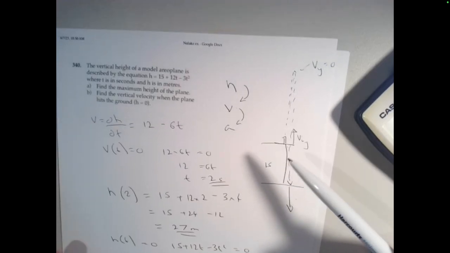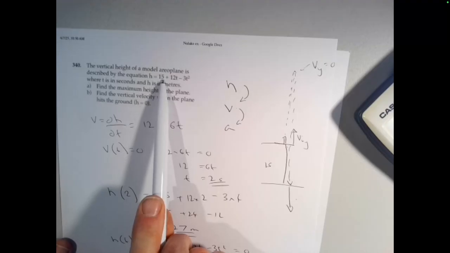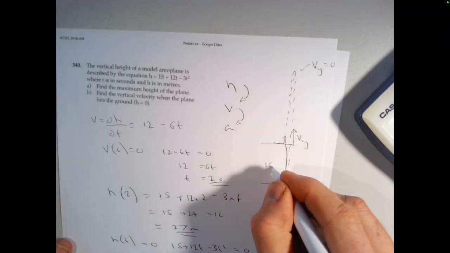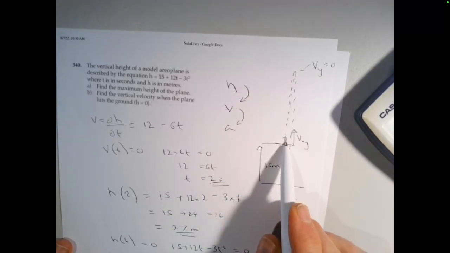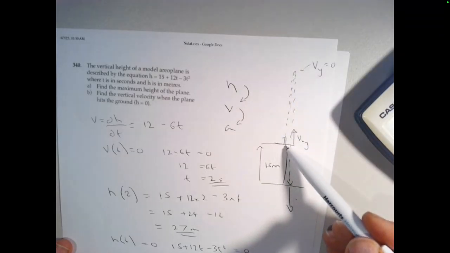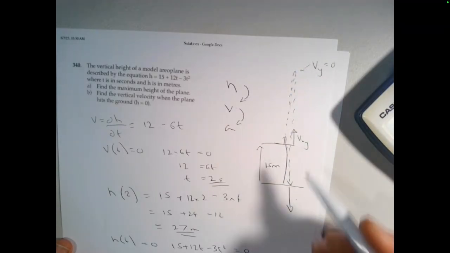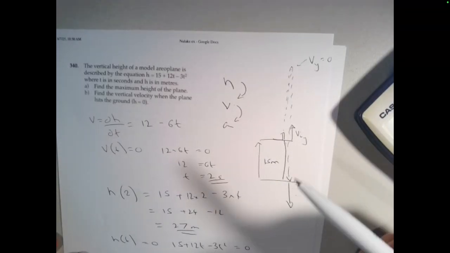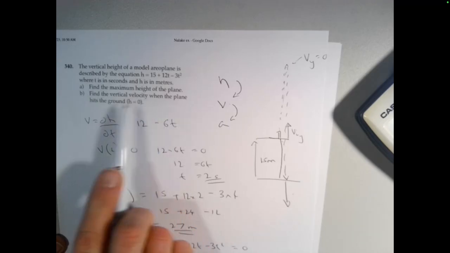The maths person would have recognized, hey, look, the initial height at time equals 0 is not 0, as I originally drew it, but it's actually 15 meters up. And we just make the assumption that when the rocket flies up, it doesn't come back onto that starting point, but keeps on going down. Other things you could work out is the total distance it's gone, but what it's asking is the vertical velocity when the plane hits the ground.